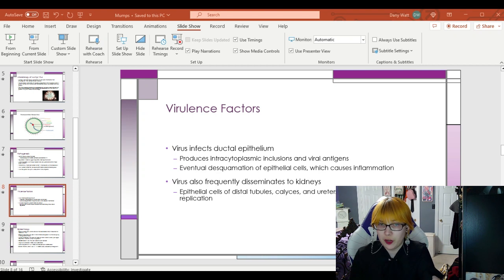And then it also frequently disseminates to your kidneys and the epithelial cells in that area, in your distal tubules, your calyces, and your ureters are primary sites of replication as well. So it's virulent because of the way that it replicates and the way that it causes that inflammation.